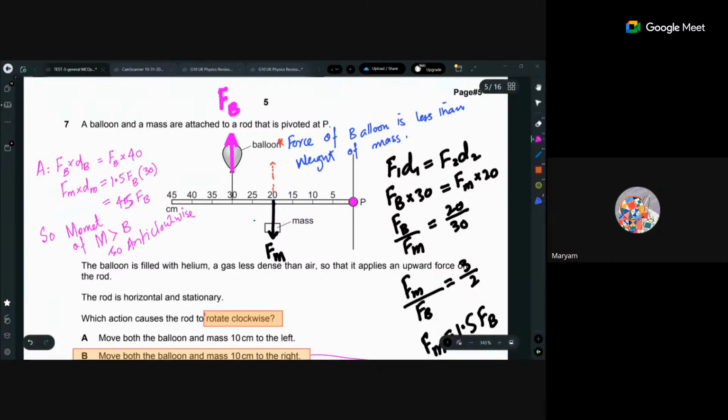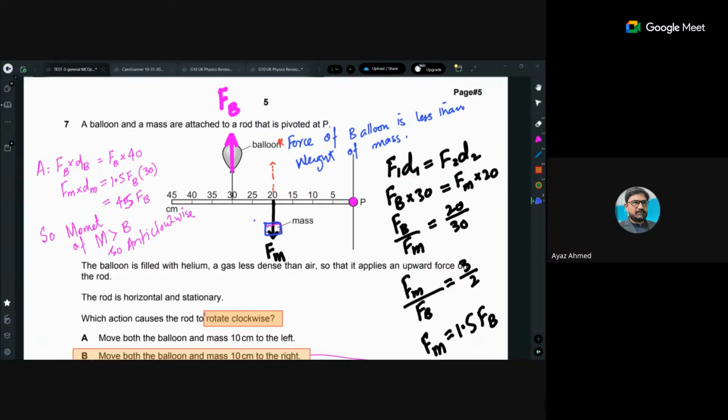Listen, this rod is pivoted at point P, and this rod has two objects attached. There is a mass M at 20 centimeter, and there is an inflated balloon at 30 centimeter.